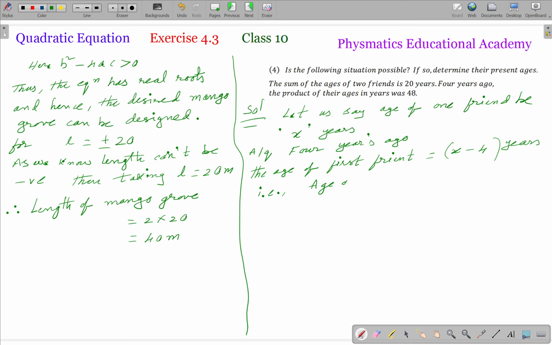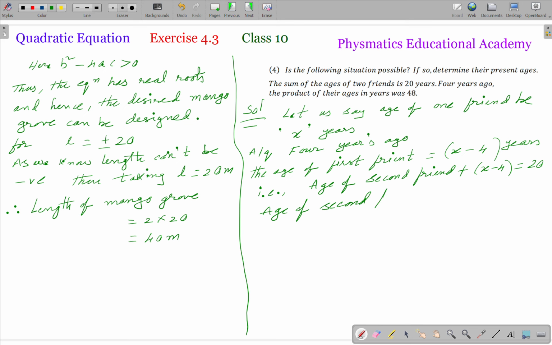The sum of the ages of the two friends is 20. So the age of the second friend plus the age of the first friend is equal to 20.